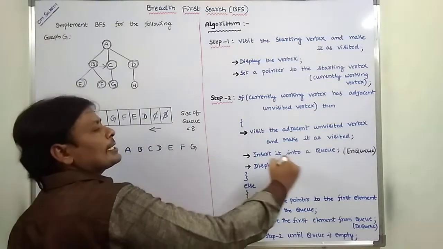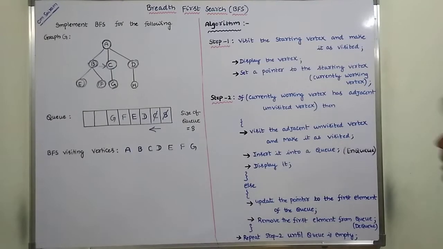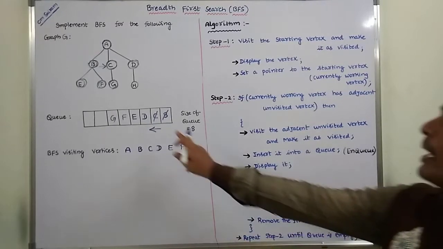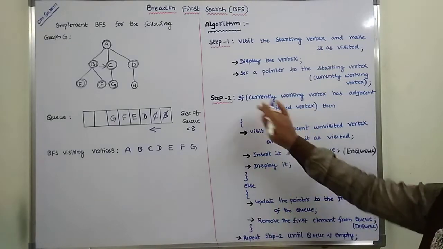Next, if all the statements in the if block are executed, then go to repeat step 2 until Q is empty. Here Q is empty? So no. Q contains 4 elements. Then go to step 2.